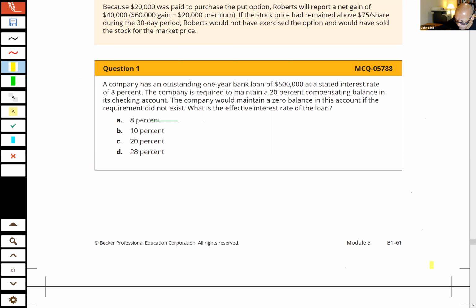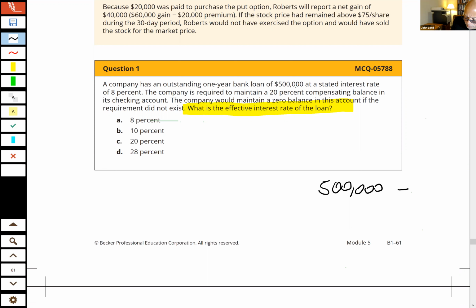But let's go ahead and take a look at this question together. They're asking for the effective interest. And you can see why the flashcards for the definitions are important, because you have to take the 500,000 of proceeds, but subtract the amount that they have to hold, which is 100,000.